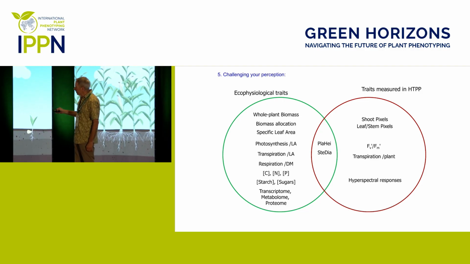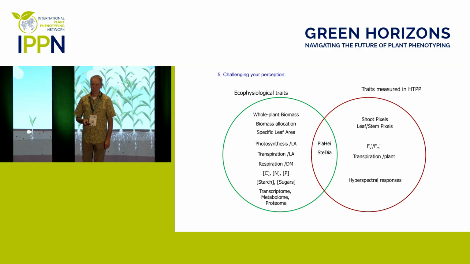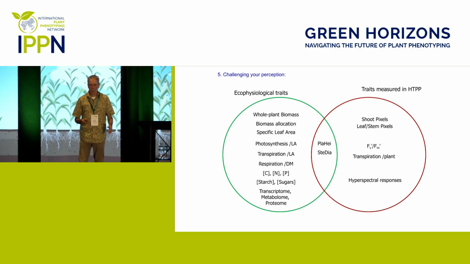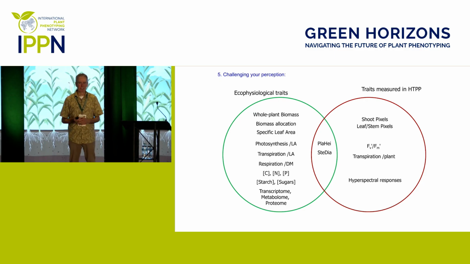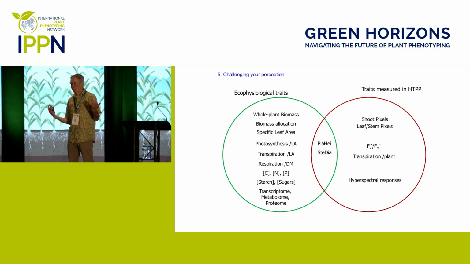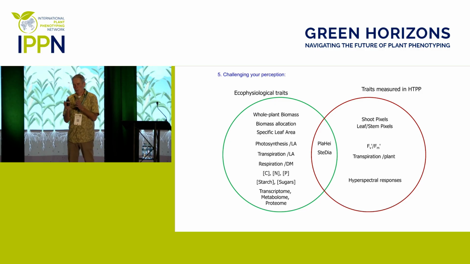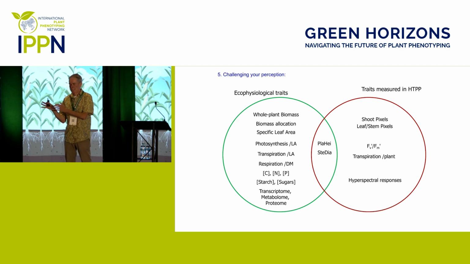In fact, there are only two traits that I've seen coming by, plant height and stem diameter, which are sometimes measured in the throughput platforms, and which I would say are kind of hard traits. So IPPS could also be the Plant Proxy Symposium, because you use all kinds of proxies, and I see many examples where that is very useful.